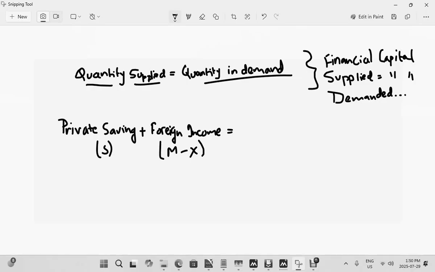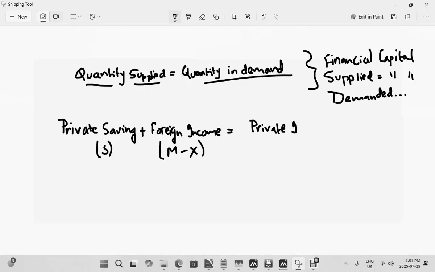And the demand comes from two sources. Number one is private investment, which has to do with capital investment by firms and businesses.